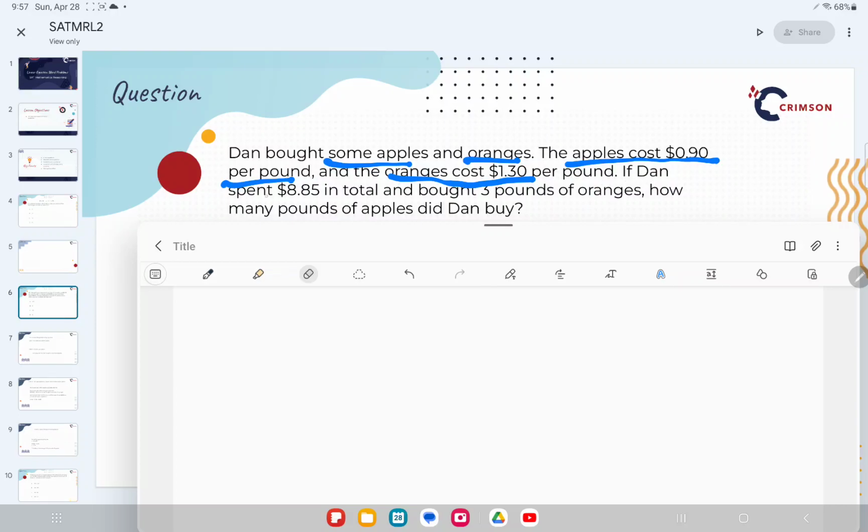Now, what they're saying over here is, if Dan spent $8.85 in total and bought 3 pounds of oranges, how many pounds of apples did he buy? The cost for 1 pound of apples is 0.9, and for 1 pound of oranges, it's 1.3.